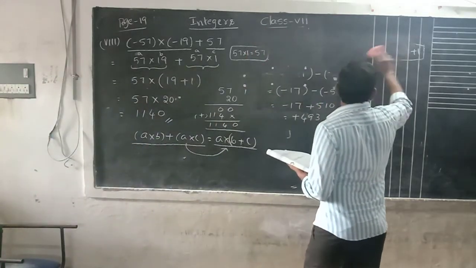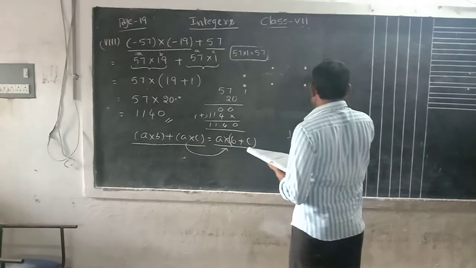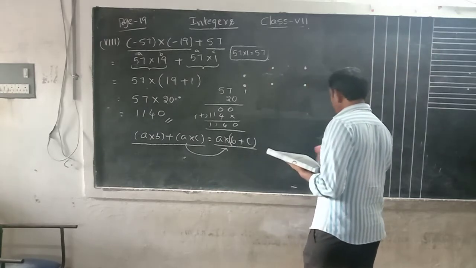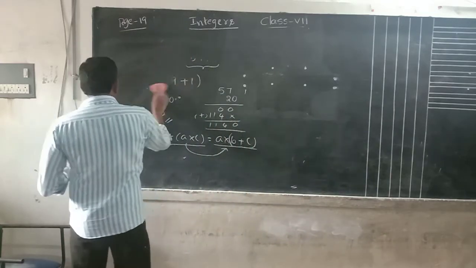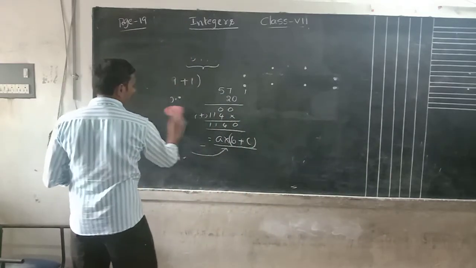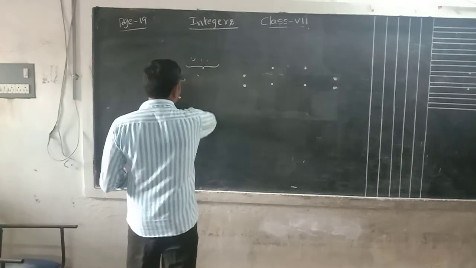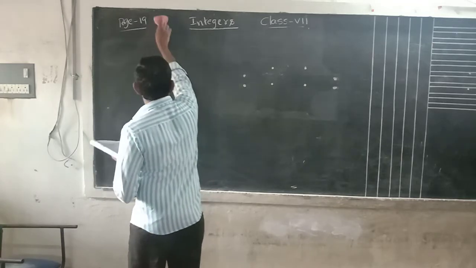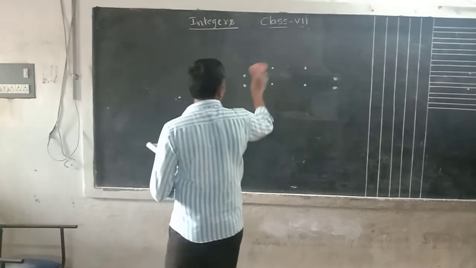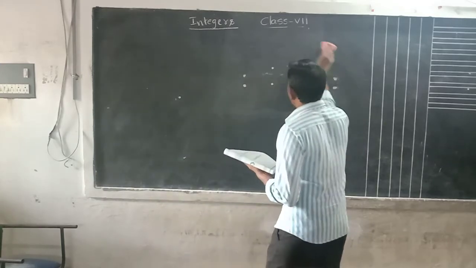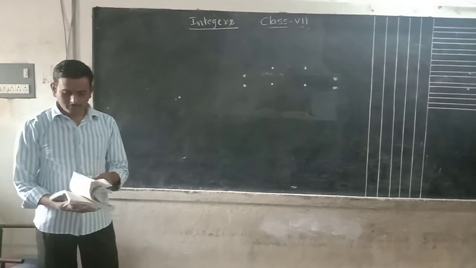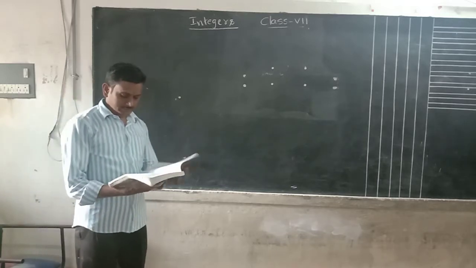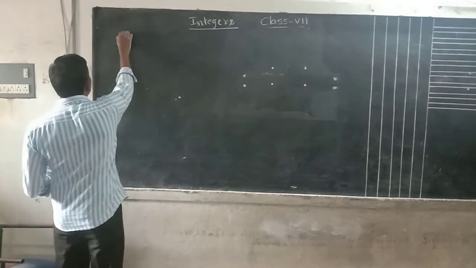What is the division? Division of the integers, how we can do? This is very important to the exercise. In this one again you have to write it. Third one practice again. What is the next division? Division of integers.